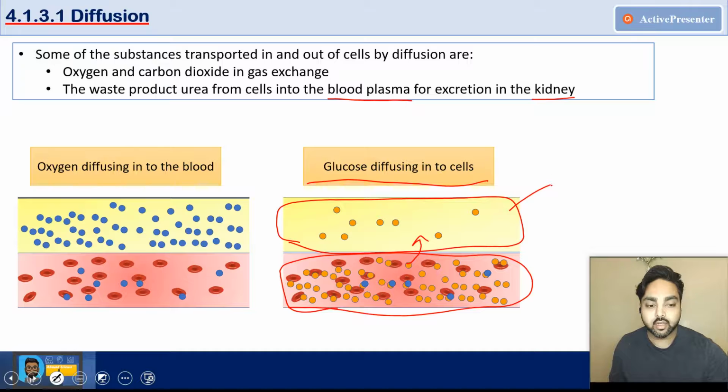Like I said in the previous slide, you need to use up the glucose, and as you use it up, you lower the concentration of glucose in the cells, and therefore you maintain that diffusion gradient, which allows your body to take up glucose.